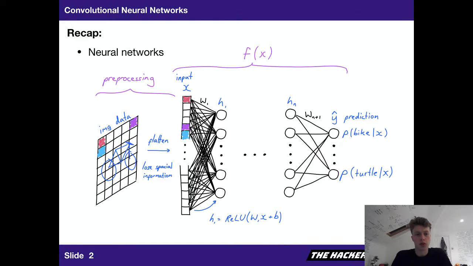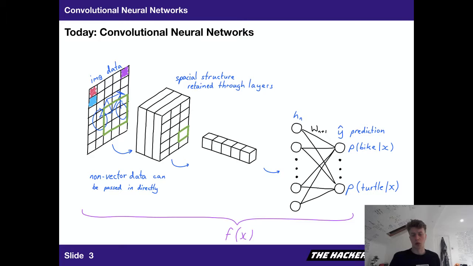But if we want to process an image with a neural network, then what we have to do is some pre-processing where we flatten this image, where we'll just take the rows and stack them on top of each other as such. And when we do that, we're losing the spatial information, so we're losing the features that the fact that these two pixels together might show in the input.